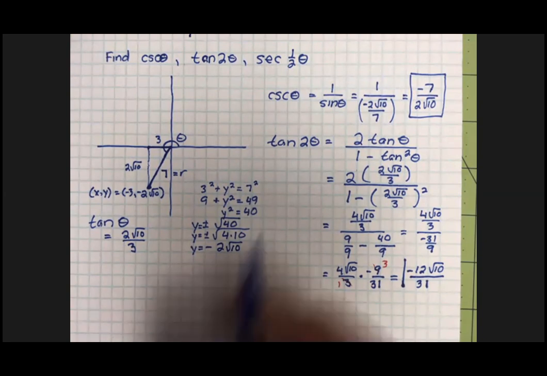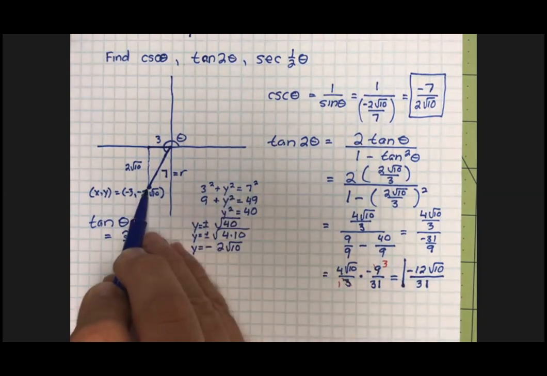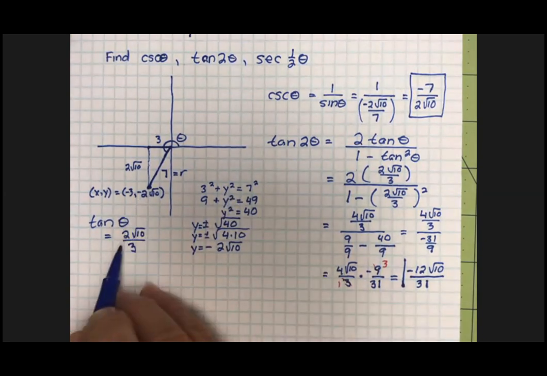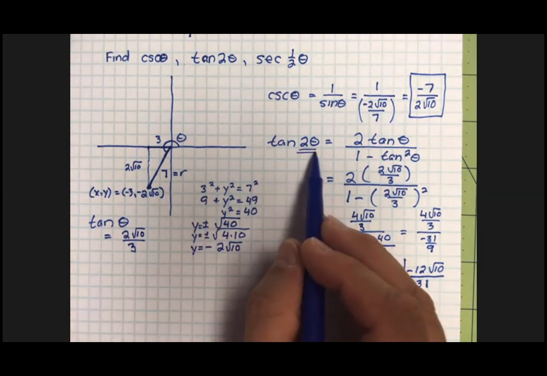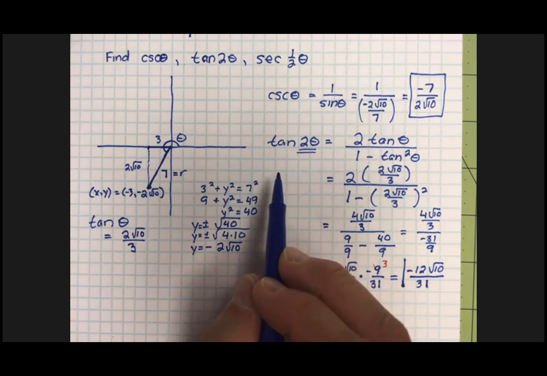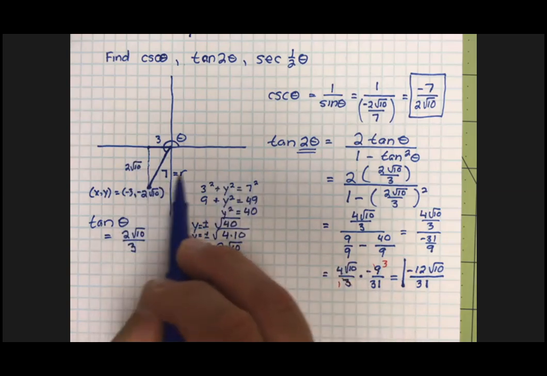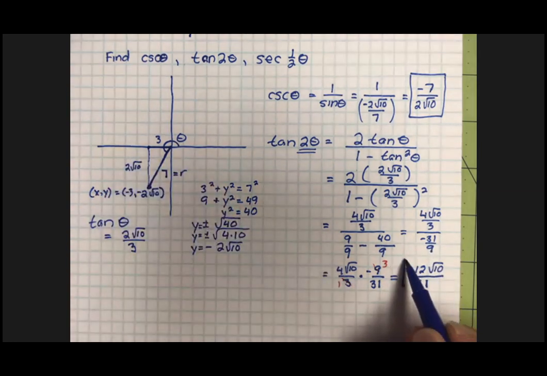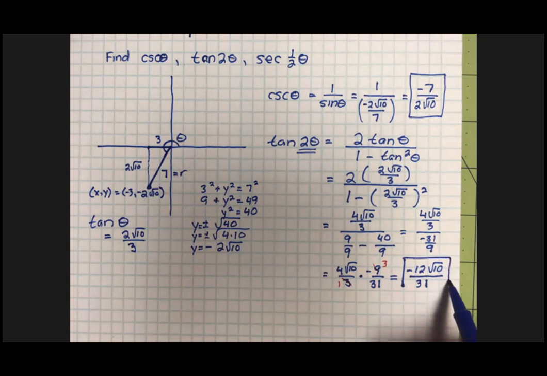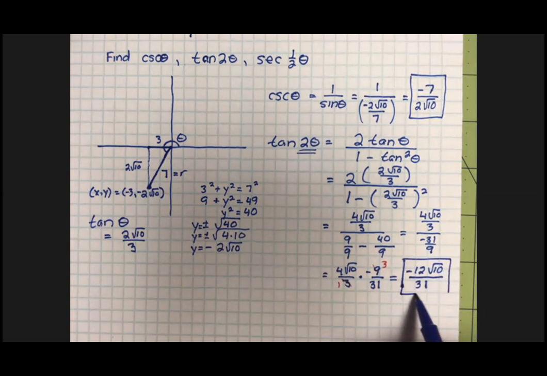But then I remember I'm not talking about this angle, theta. This angle theta does have a positive tangent. I'm talking about double theta. And if I double theta, I must be landing well over in this second quadrant. So the negative sign here doesn't bother me. In the second quadrant, an angle has negative tangent.